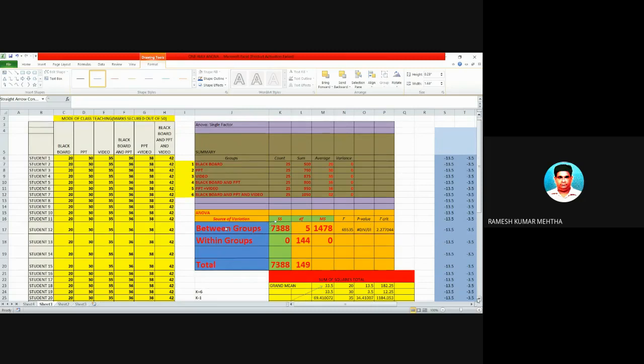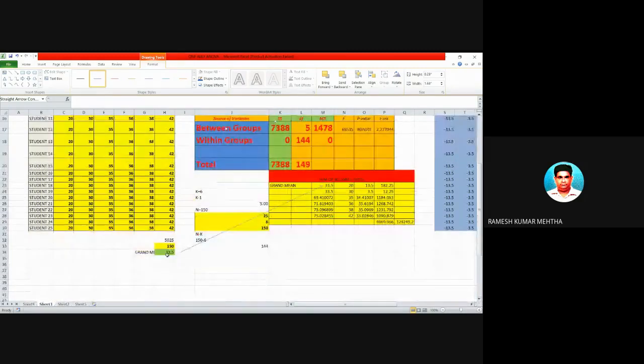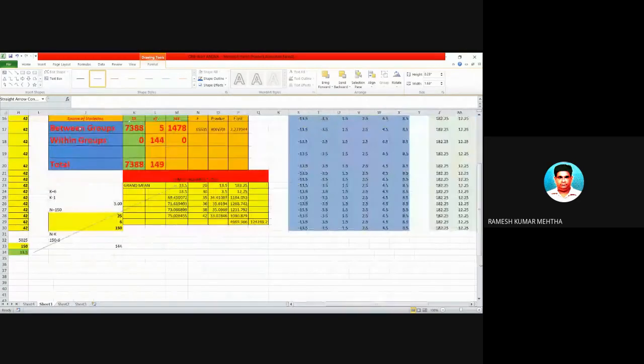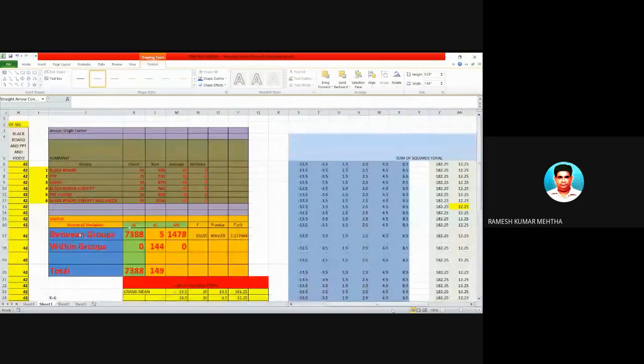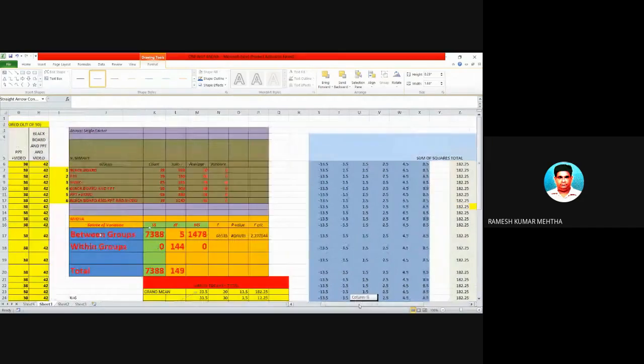To find that, first and foremost, you have to find the grand mean. We have done the grand mean. So let's go to the part where I have calculated the sum of squares total.